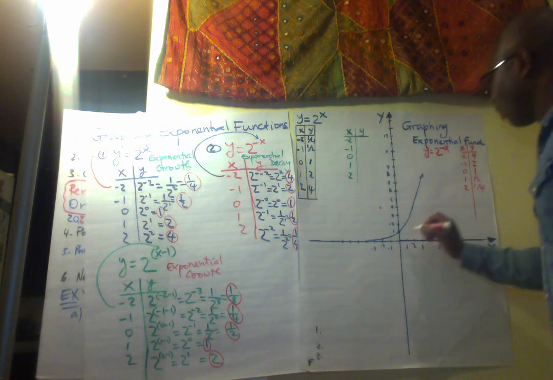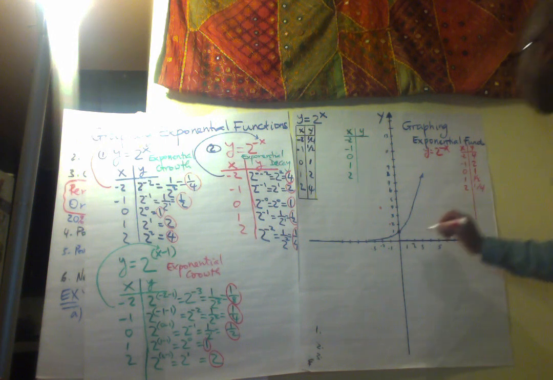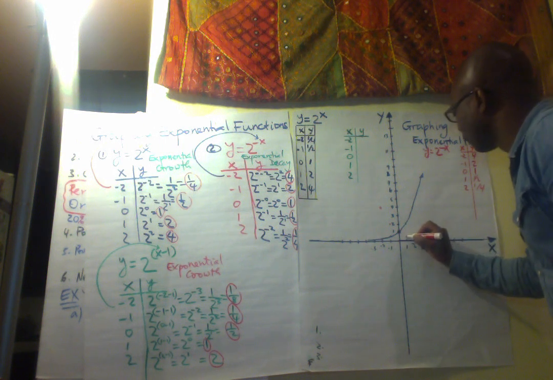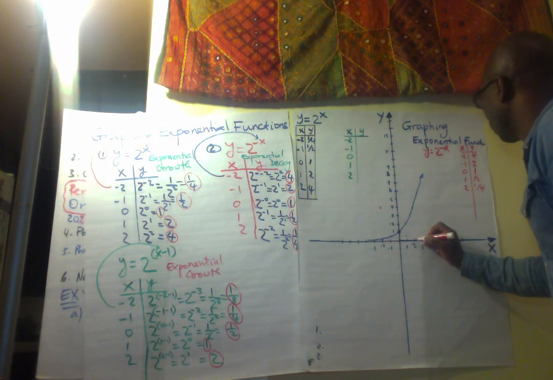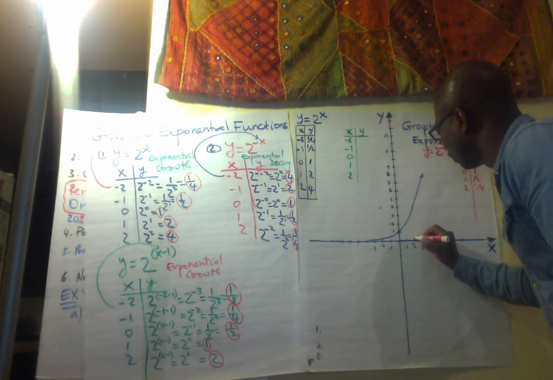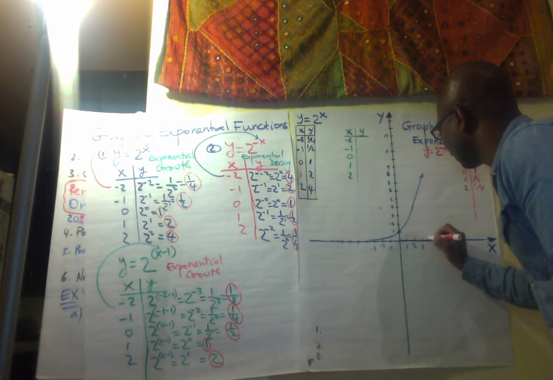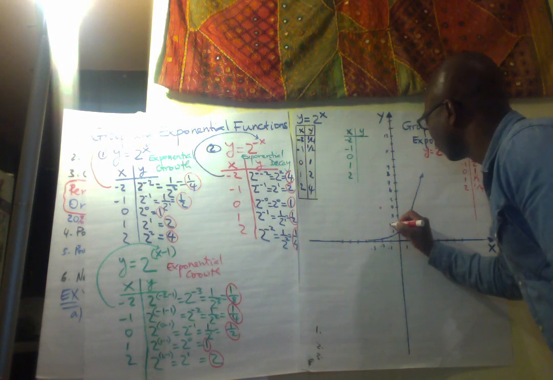At 0, we are at 1, the same place as the other one. At 1, we are at 1/2. And at 2, we are at 1/4. So it's getting closer and closer, but never touches. Okay. So we're looking at something like this.